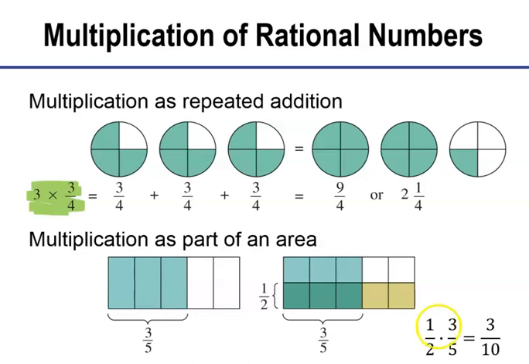Here we're trying to multiply, I'm going to highlight it over here at the bottom right, 1/2 times 3/5. And you'll see we have 3/5 represented here. We have a rectangle where 3 out of 5 of the divisions is shaded in to represent 3/5. If we want to take half of that, what we do is just cut that in half.